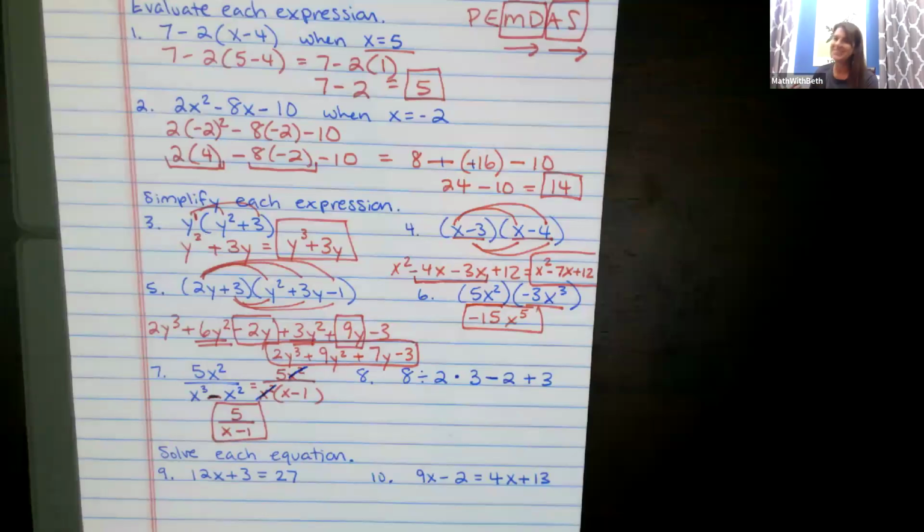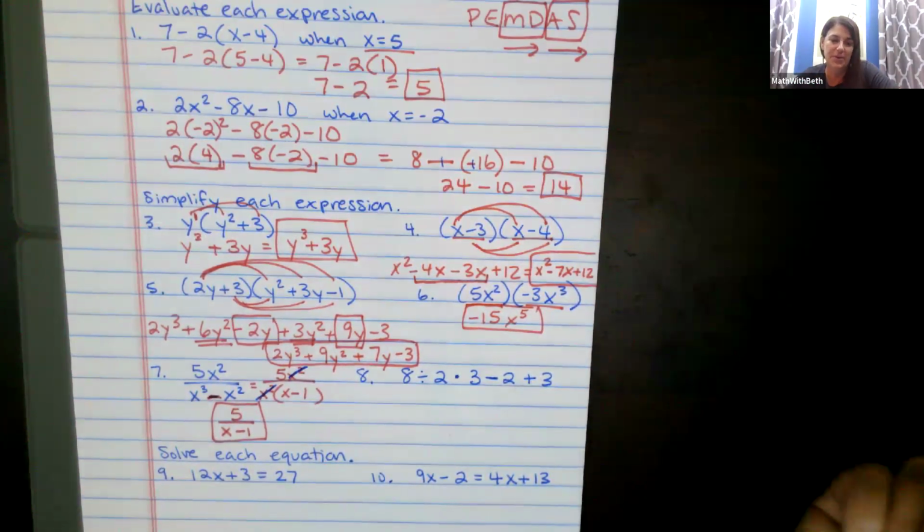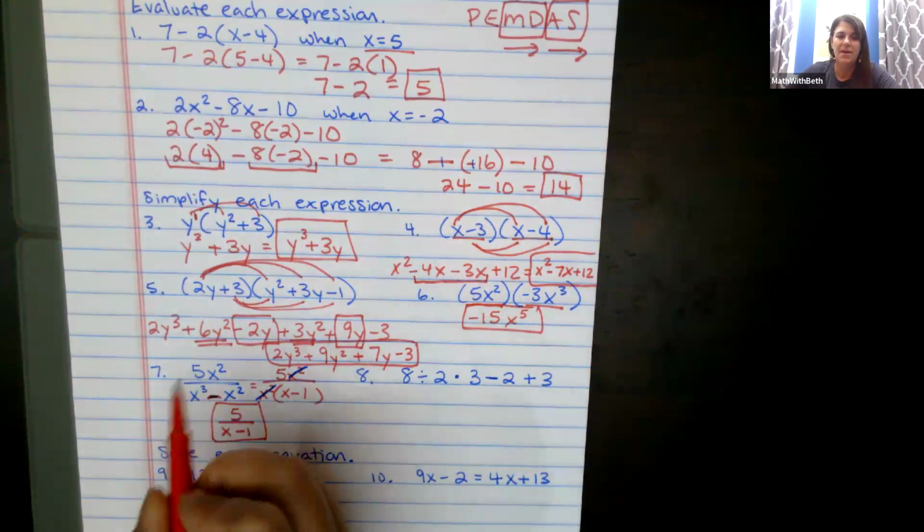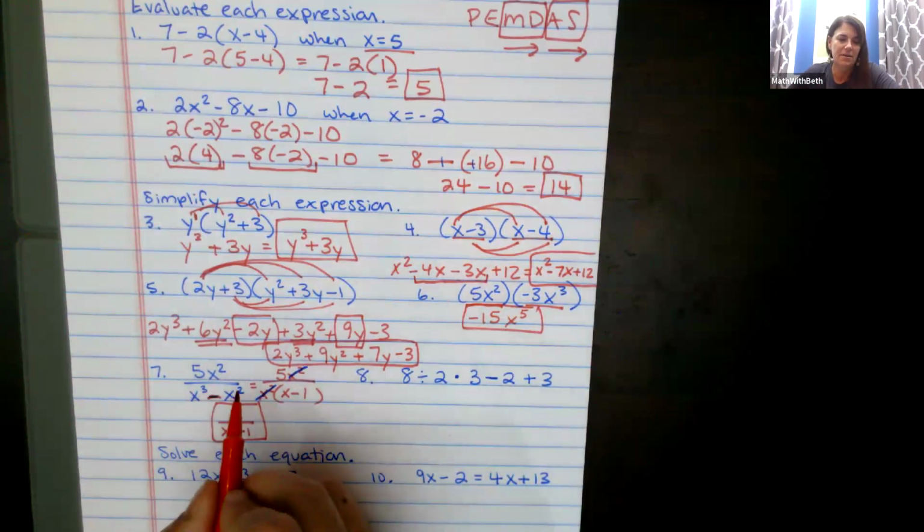Keeping in mind, though, that since we have an x on the bottom, there is an x we don't want it to be. If this x was 1, 1 minus 1 is 0, and that would be bad. And then going back to how it started, 0 would also be bad, because 0 minus 0 is 0.